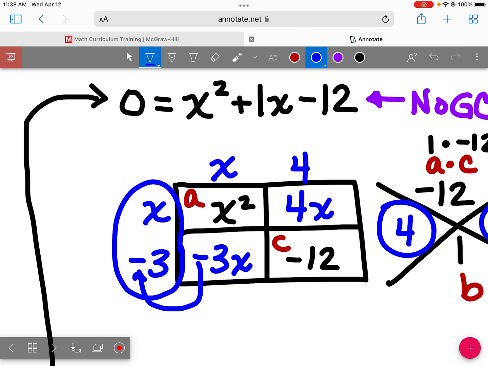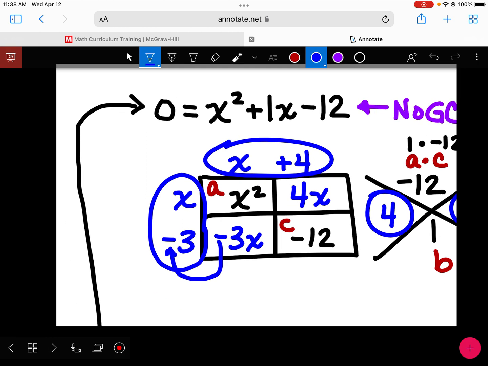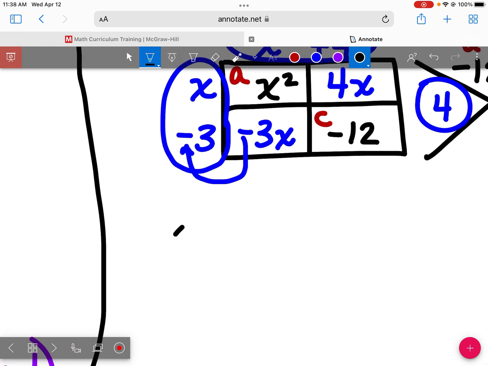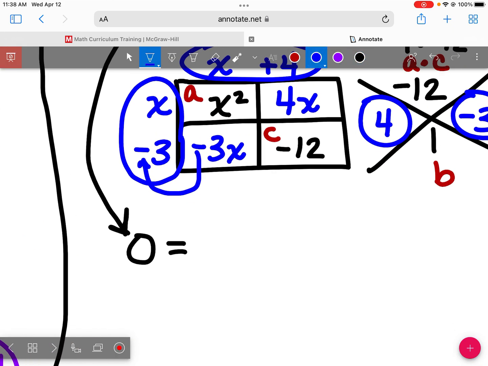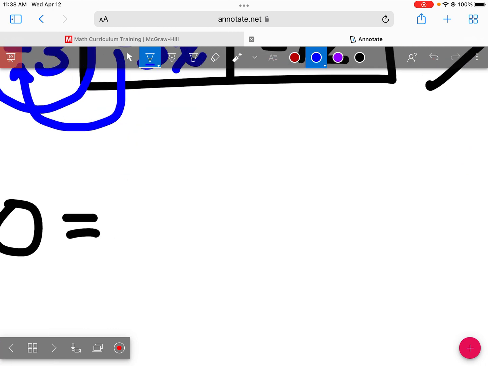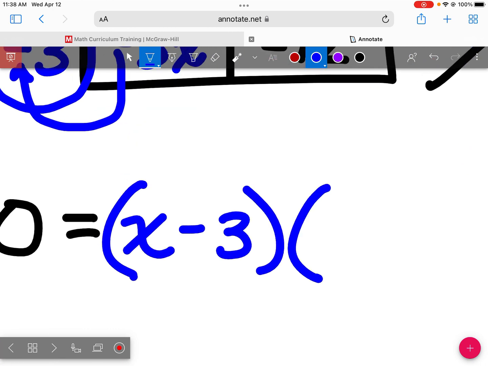So we're going to take the positive out with that. So I'm going to take the plus out here. So x plus 4 is a factor. So bringing this down, I have 0 equals, instead of writing x squared plus 1x minus 12, I'm going to write it in its factored form. X minus 3 times x plus 4.